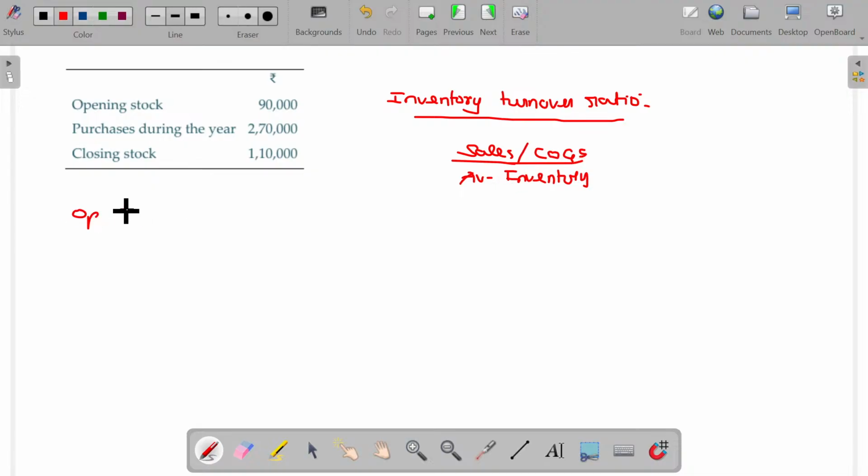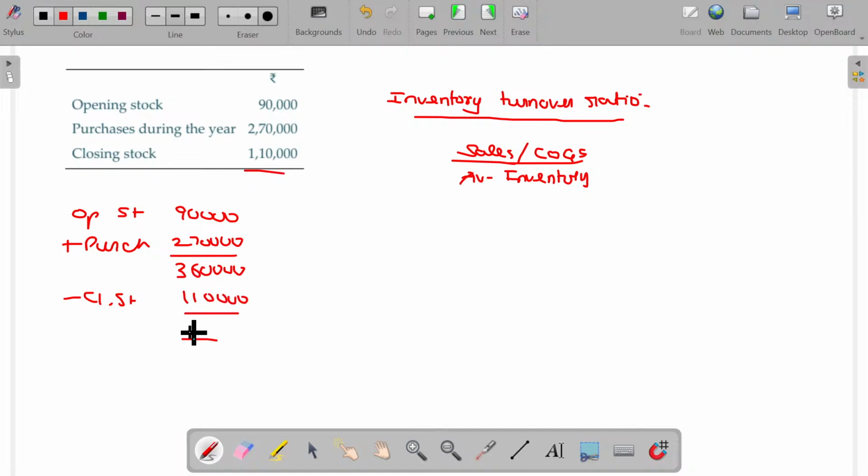Opening stock 90,000, purchases 2,70,000, total 3,60,000, minus closing stock 1,10,000, so 2,50,000 rupees will be the cost of goods sold or consumption.